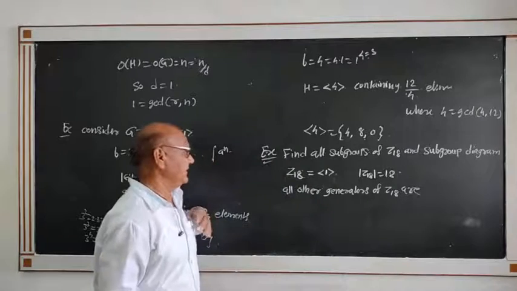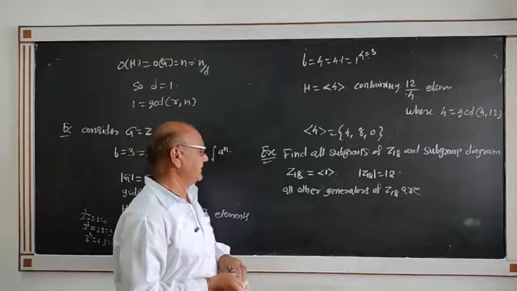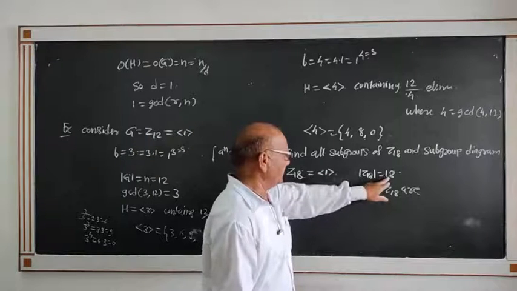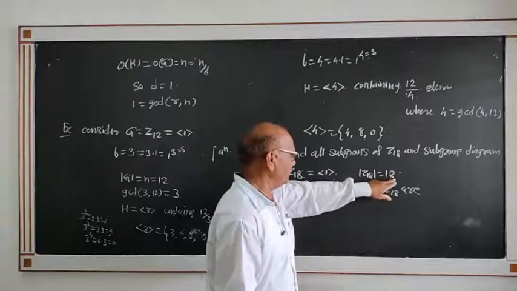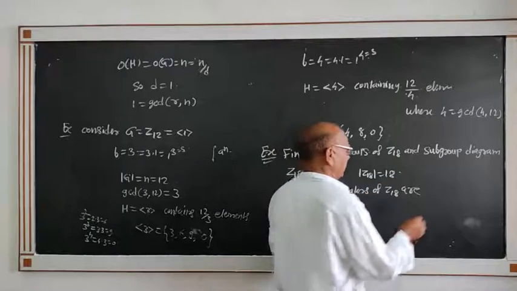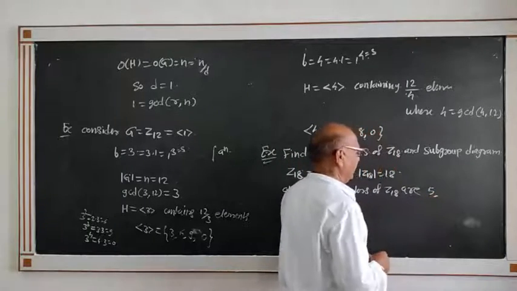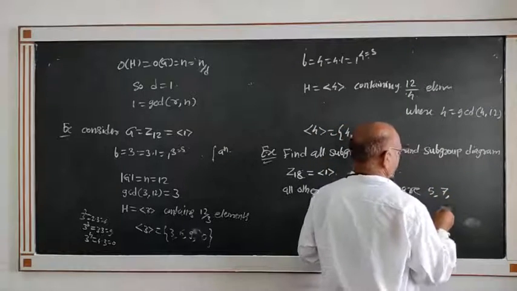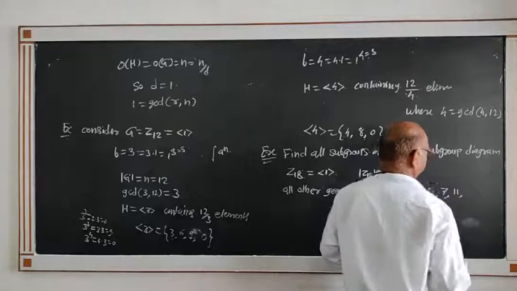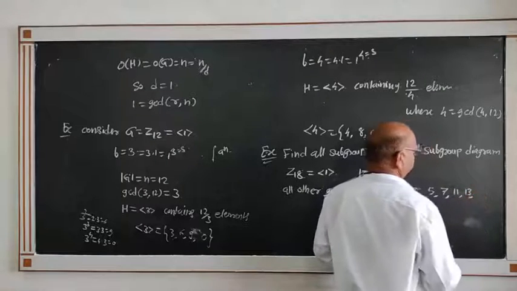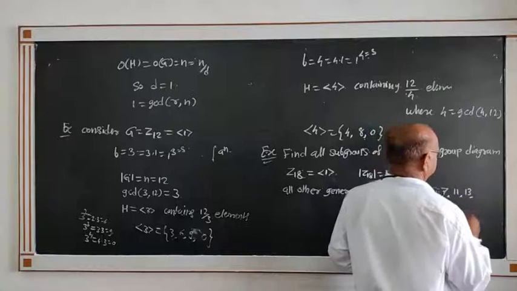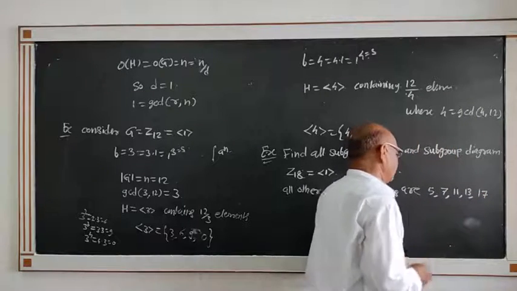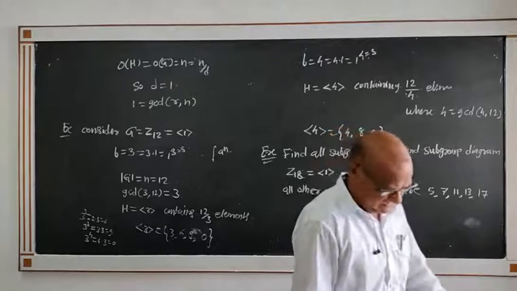Here 2 is not relatively prime to 18, 3 is not relatively prime, 4 is not relatively prime. Here 5, then 7, 11, 13, 17.